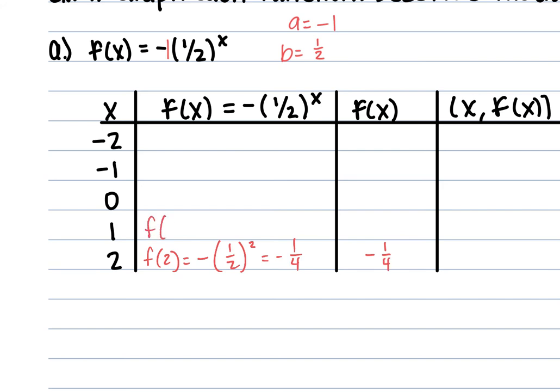F of 1. F evaluated at 1 is going to be negative 1/2 raised to the first power, which is negative 1/2. F of 0. F of 0 is going to be negative 1/2 raised to the 0 power. Which is negative 1.